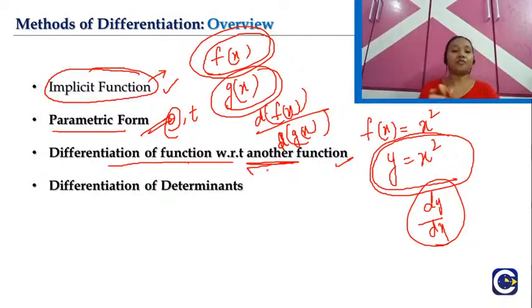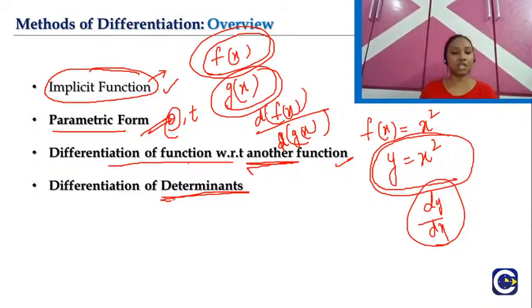And after that, we will get into our next topic, that is differentiation of determinants. Right. So determinants will be different compared to our normal function. If we are representing a function in terms of determinants, obviously the differentiation will be different, because a function and a determinant have two different representations.